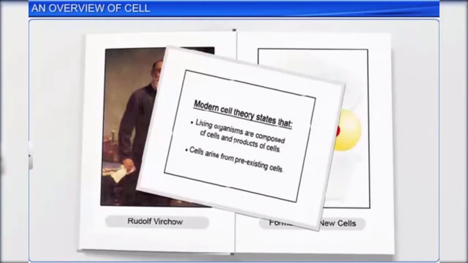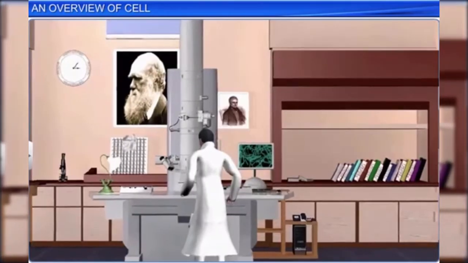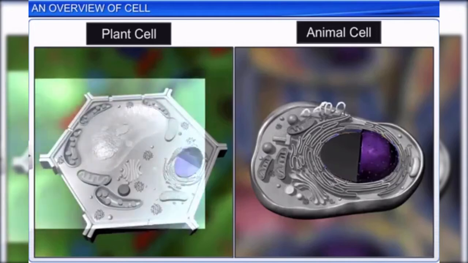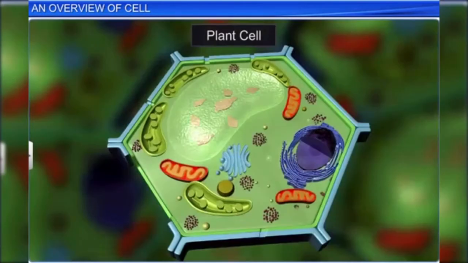Cell research received a further boost with the invention of the electron microscope, as it enabled scientists to observe the structure of the cell. They observed that the structure of a cell varies in plants and animals. A plant cell, for instance, is surrounded by a distinct cell wall on the outside and a plasma membrane on the inside.